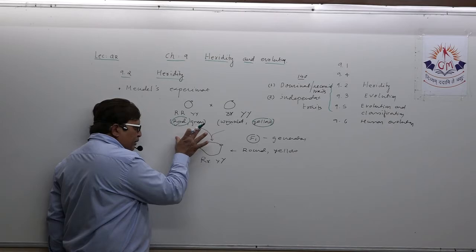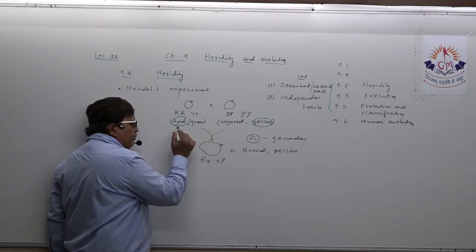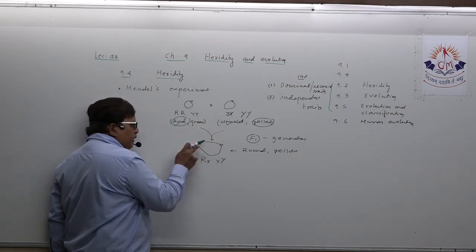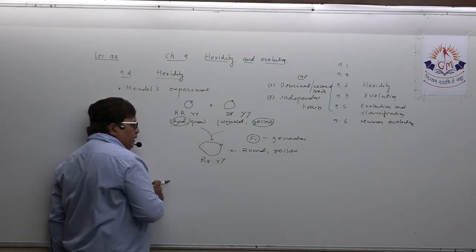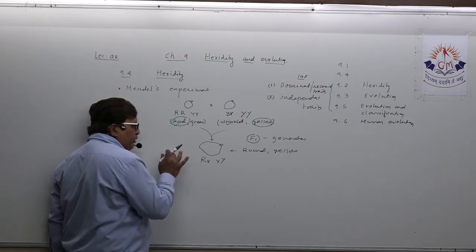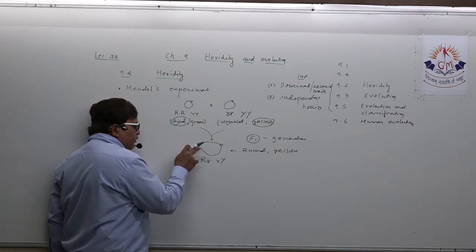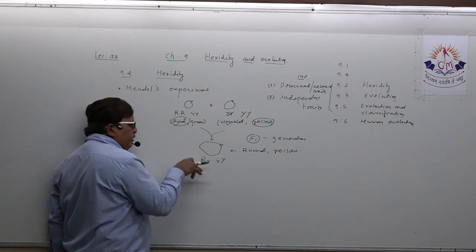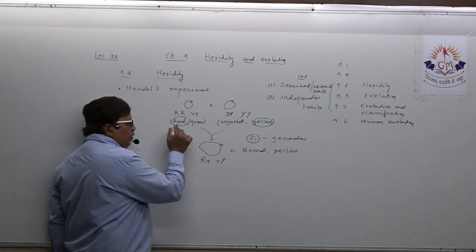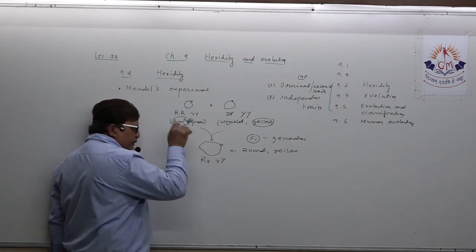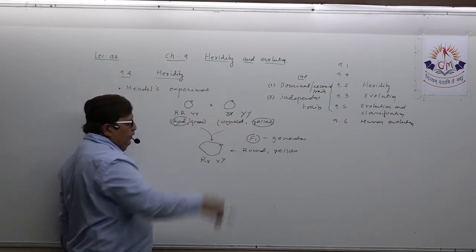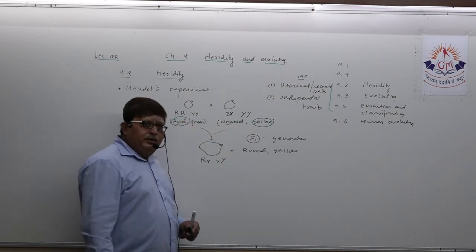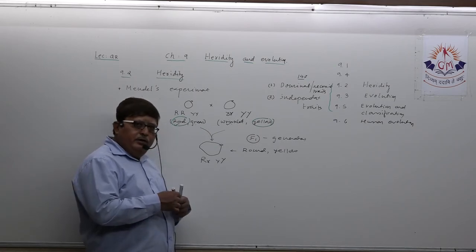Suppose they ask as it is, you should remember that in the first generation, when round green seeds and wrinkled yellow seeds are taken for fertilization, round is the dominant trait, wrinkled is the recessive trait, green is the recessive trait, and yellow is the dominant trait in the first generation.